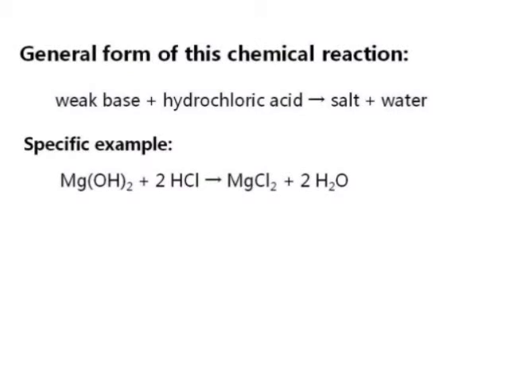The chemical reaction of a weak base with stomach acid can be written in the general form: weak base plus hydrochloric acid produce salts and water. A specific example of this chemical reaction is magnesium hydroxide plus hydrochloric acid produce magnesium chloride and water.